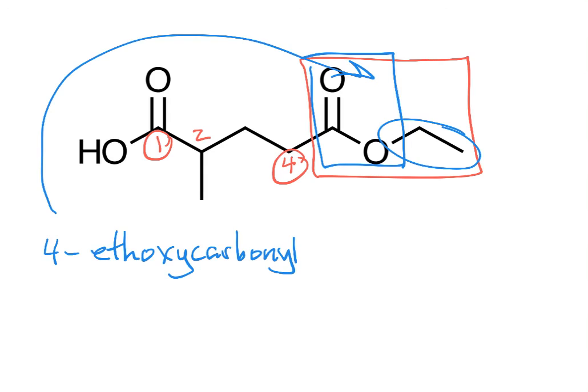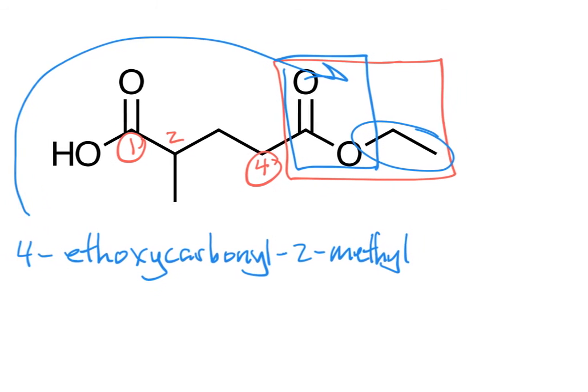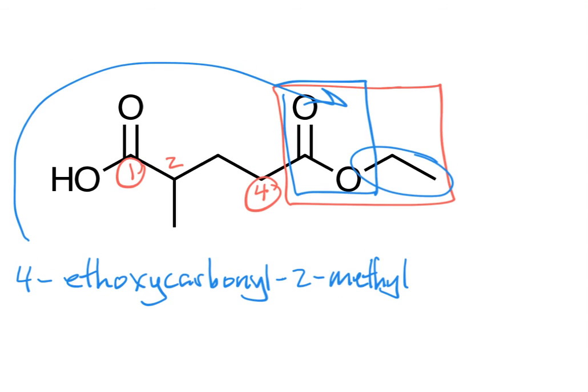And then at position number 2, I had a methyl group. And let's see, we have 4 carbons in my main chain. So then this is butane because it's singly bonded. And then I use oic acid to finish off the name. Sorry, I had to squeeze it in there. So we have 4-ethoxycarbonyl-2-methylbutanoic acid.